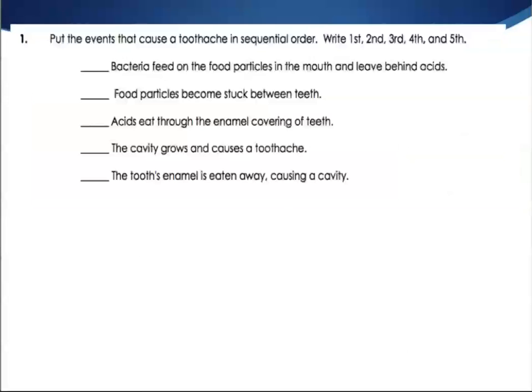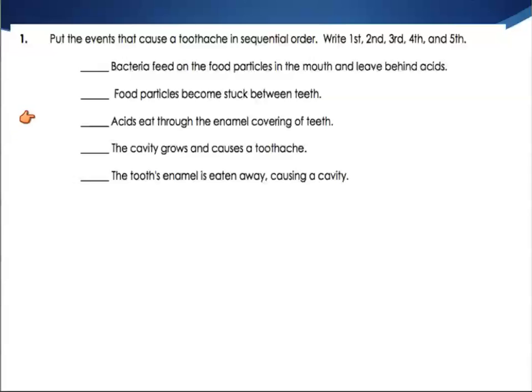All right, so you're going to see this right under the toothache passage. And it says, put the events that cause a toothache in sequential order. Write first, second, third, fourth, and fifth. So you're going to read these things, and you can look back at your passage on your page to remember, okay?